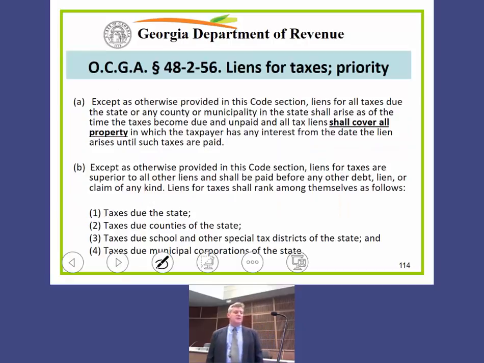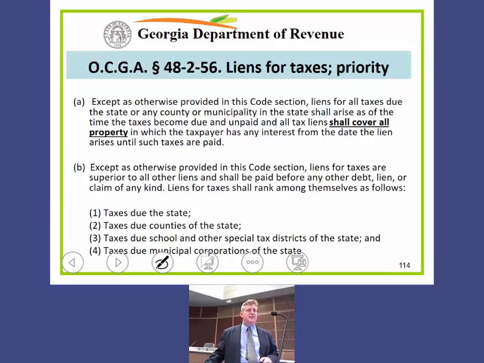And this is the code section that delineates the priority of liens for taxes. It's Title 48-2-56. And under this code section, liens for taxes cover all property of the taxpayer. Not just the property that the tax is due on.